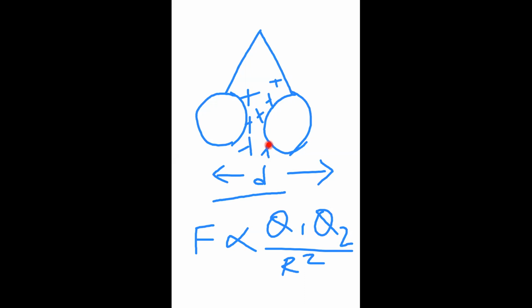Force between any two objects in electrostatics depends on how much charge is present in the system, say Q1 and Q2, and what is the distance between those objects. Please, one thing is very clear. Once you keep these two balloons here, once the force is applied, do you think D will remain constant?